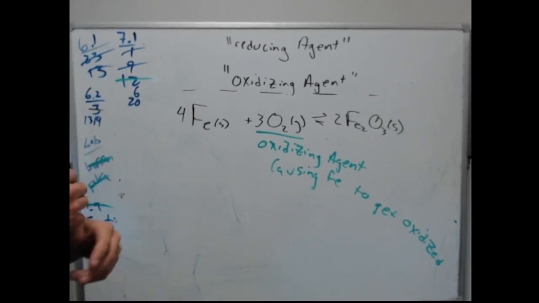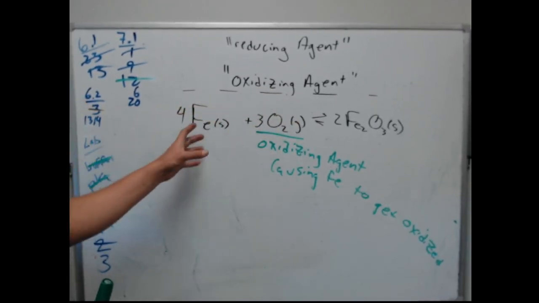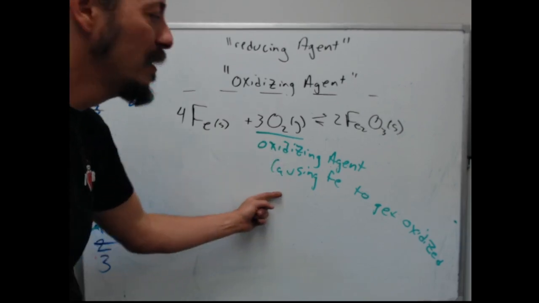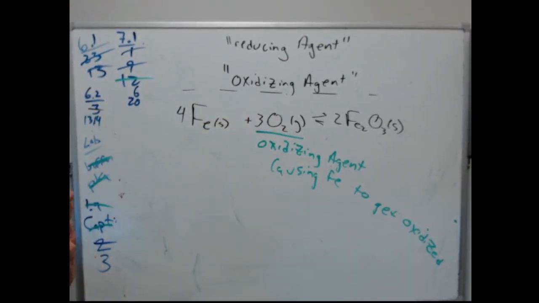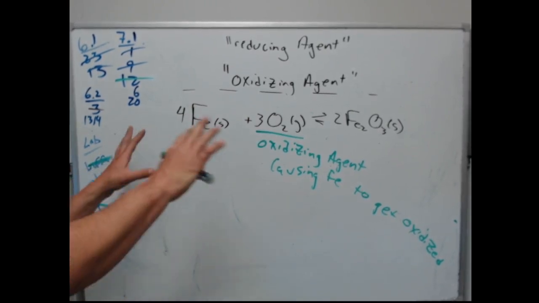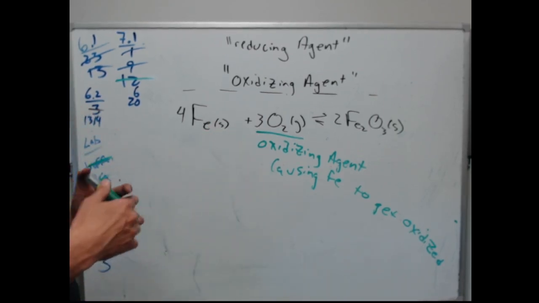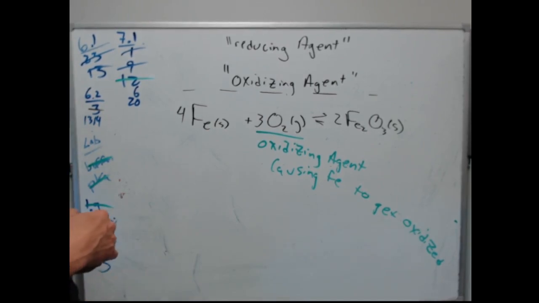But in order to cause that, it's getting reduced. Oxygen is pulling electrons towards it, which means it's getting reduced, but it's pulling electrons away from iron. So it's the oxidizing agent causing iron to get oxidized. This is the one I go to for my conceptual thinking. Oxygen is the oxidizing agent causing iron to get oxidized.